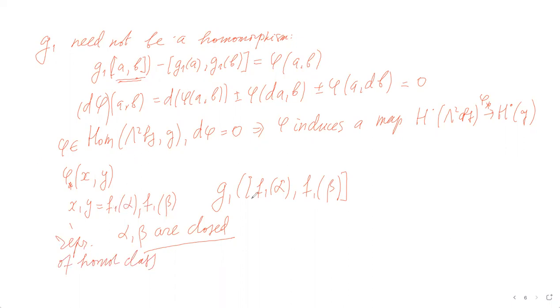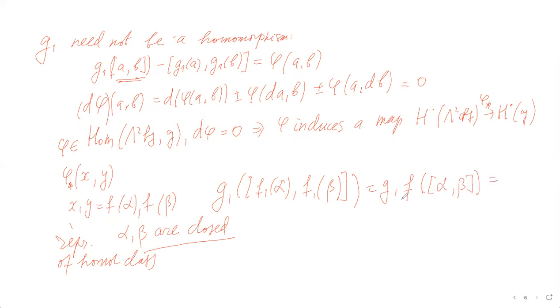So when I apply it here, well, first of all, F1 is a homomorphism. So F1 can be taken outside of the bracket. So I have G1 of A1 of F1. Sorry, not F1, just F. I forgot to say that. Of course, I don't have F1, I have just F. G1 of F of the bracket, alpha and beta.